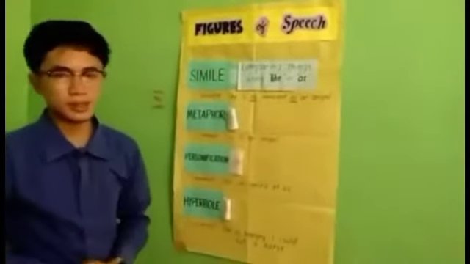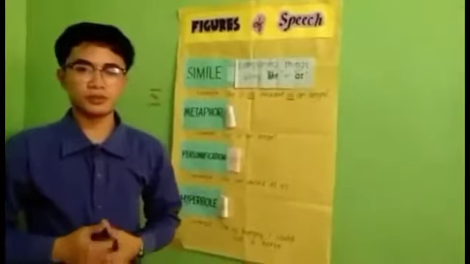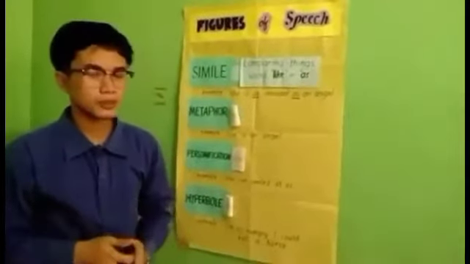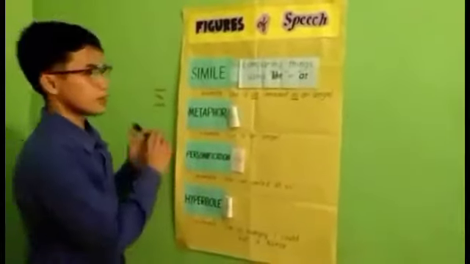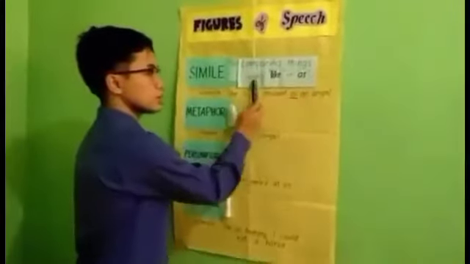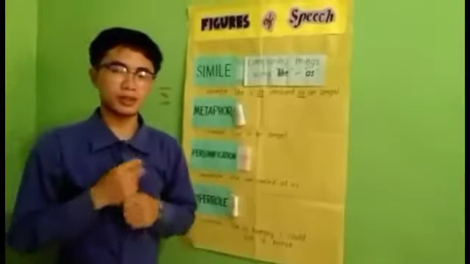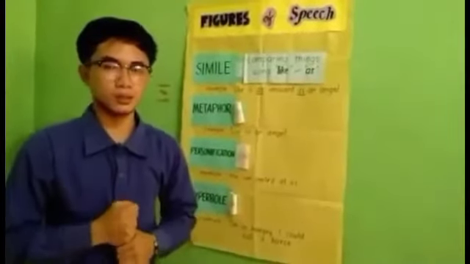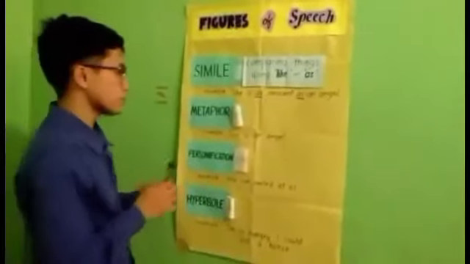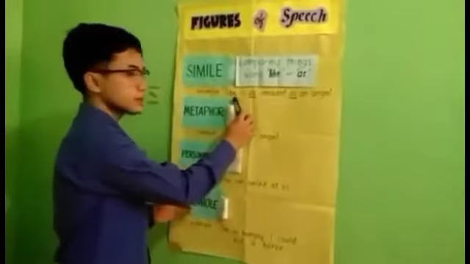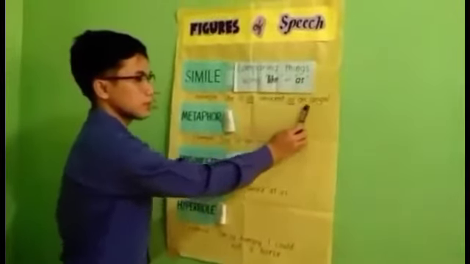Okay, simile is one of the most common forms of figurative language. And when we say simile, we are comparing things using like or as. We are comparing two different things in an interesting way. So, for example, we have here, she is as innocent as an angel.